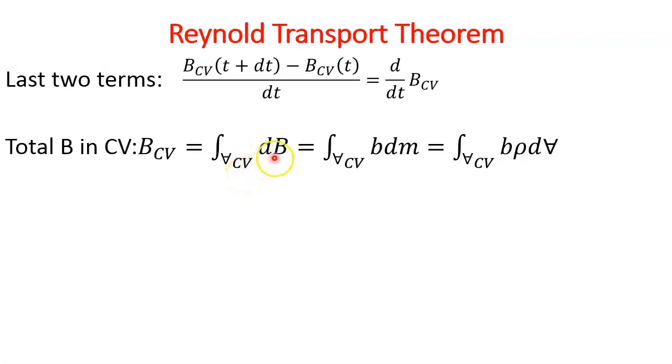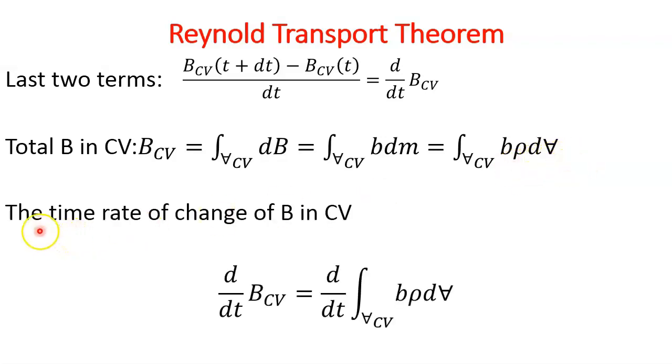Now we know dB is equal to b dm, and dm we are replacing by rho dV. Now for the time rate of change of B in CV, we differentiate B CV on both sides, and we obtain d dt of the integration over the control volume of b rho dV.